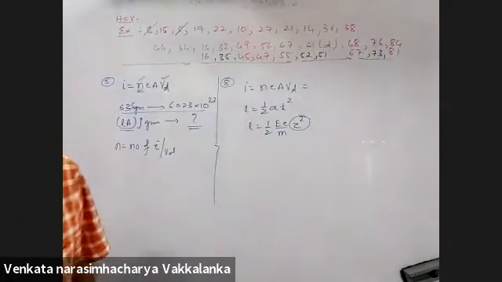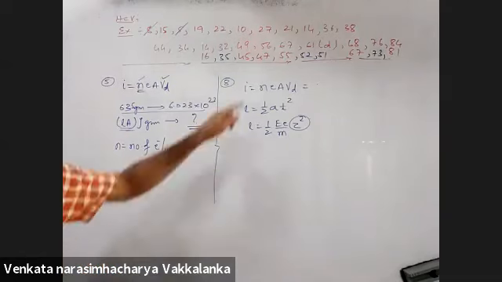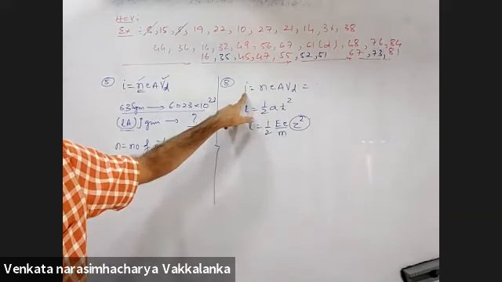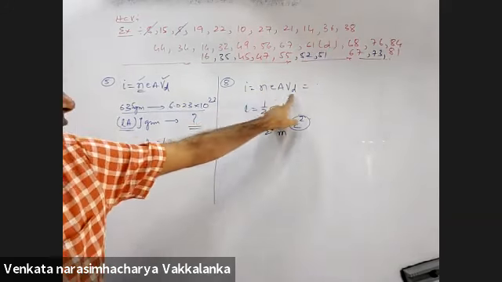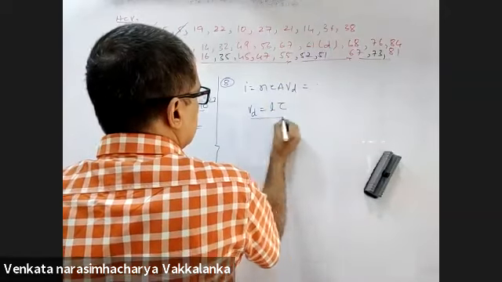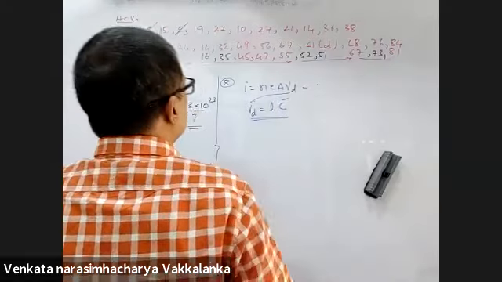By the way, what did he give? Length, area of cross section, current. Length is given. Area of cross section is given. Current is given. Small n is given. I'll get drift speed. From drift speed, VD is equal to L by tau. This drift speed you substitute here, length is given, you will get tau.